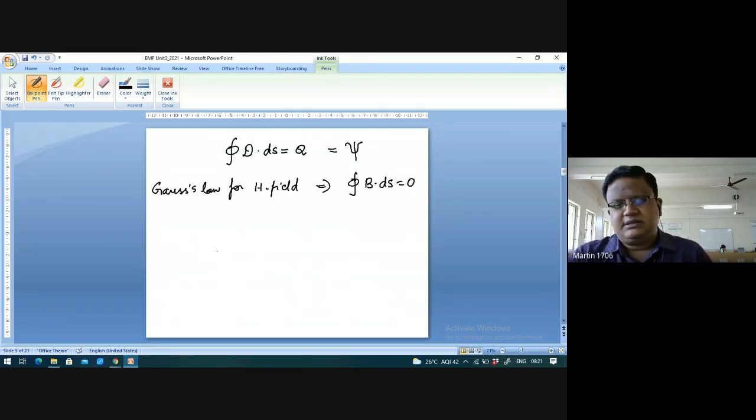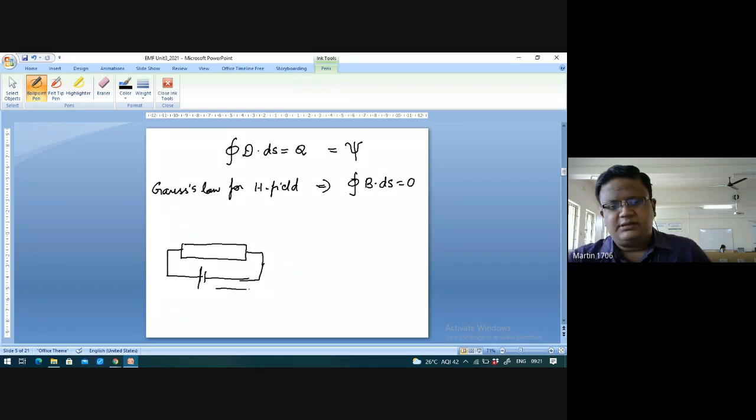The divergence is nothing but, suppose this is one conducting element. When I pass the potential to this conducting element, the electrons will start to move. Once the electrons move, the magnetic flux lines will be generated here, and they induce EMF on this conducting element due to the flux lines.